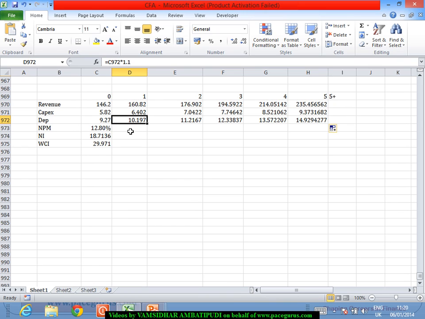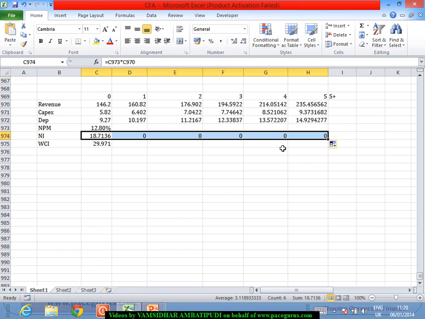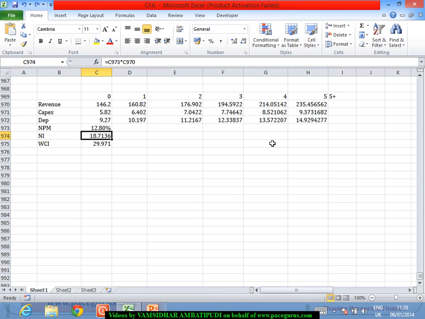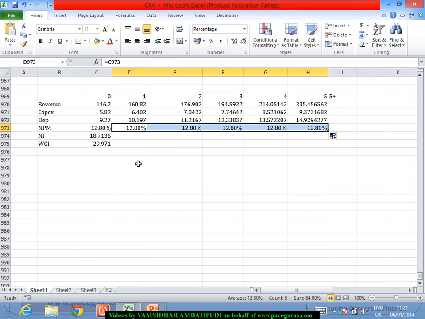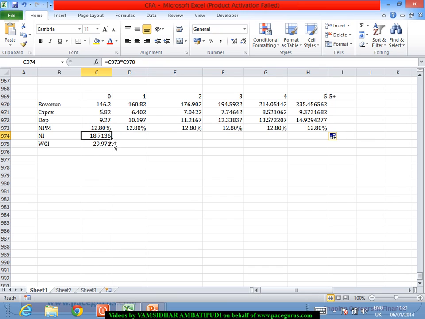Probably the net profit margin may not grow, which means still the net income may still grow at that rate. Right, but yeah, for the net profit margin I must still maintain it at this particular percentage itself, which means the net income can still grow at that particular rate.